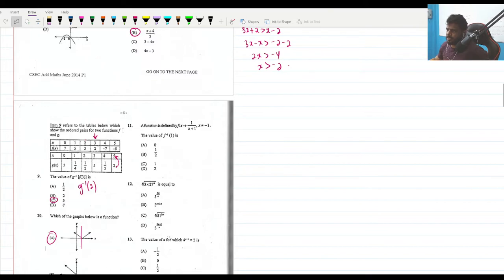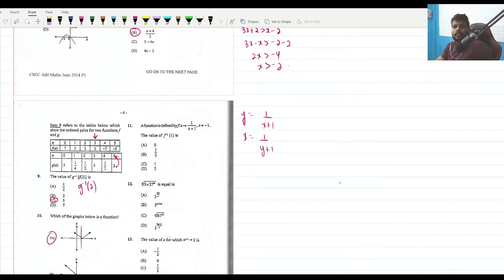A function f of x is 1 over x plus 1, where x is not equal to 1. The value of f inverse of minus 1 is... this again was another repeat question. I'll go through the procedure to find the inverse of the function again. Let y equal the function 1 over x plus 1. Interchange x and y: x is 1 over y plus 1.